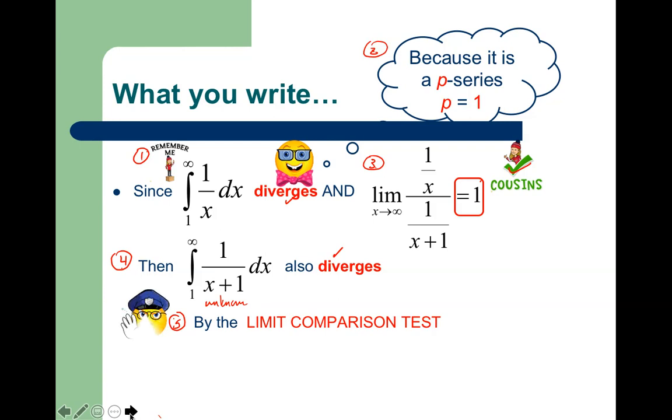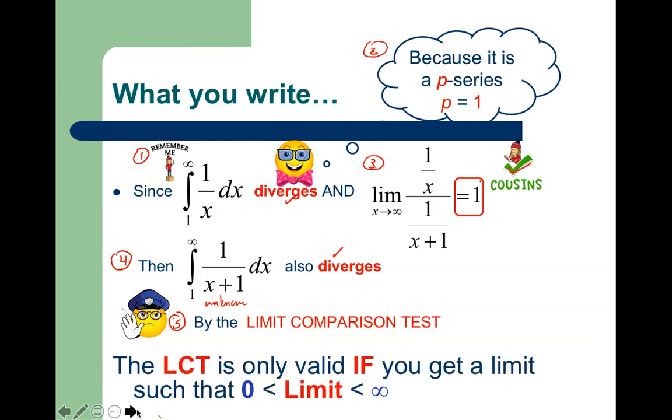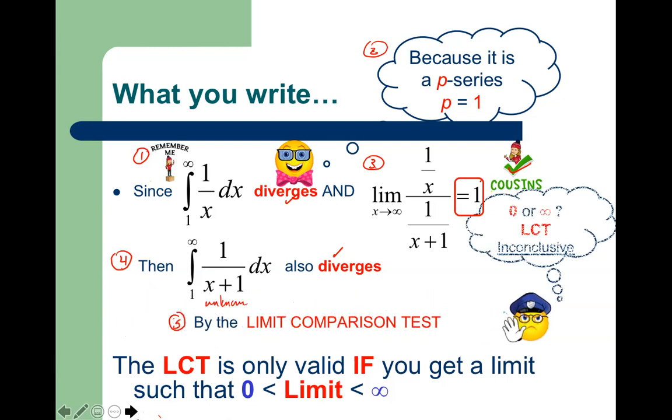Now, you do have to be careful with the limit comparison test. Sometimes you'll try to run the limit comparison test and the answer you get is an infinity or a 0. If you get a 0 or an infinity, the limit comparison test is inconclusive, but it doesn't mean that you have to bail on the limit comparison test.